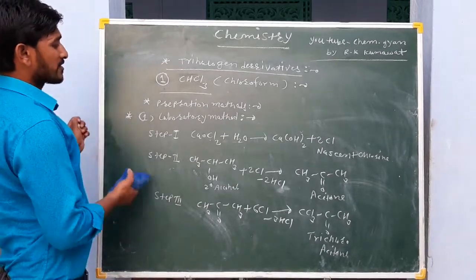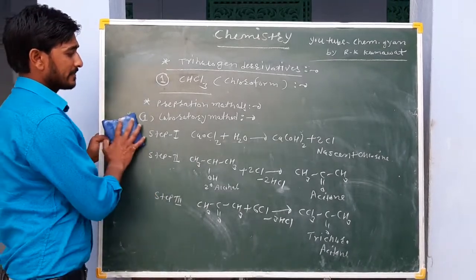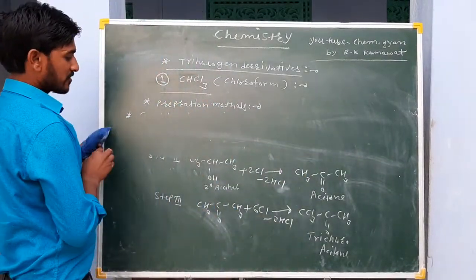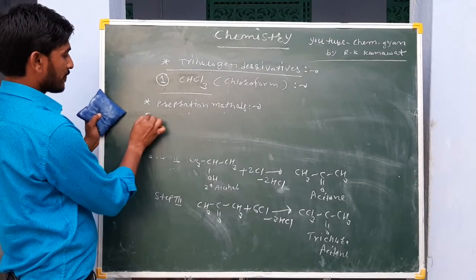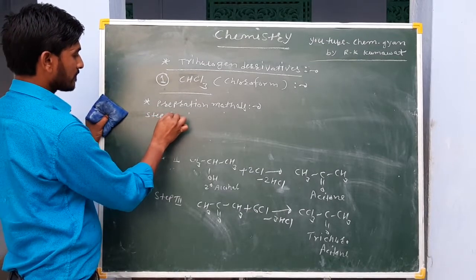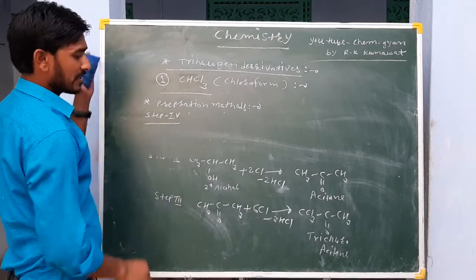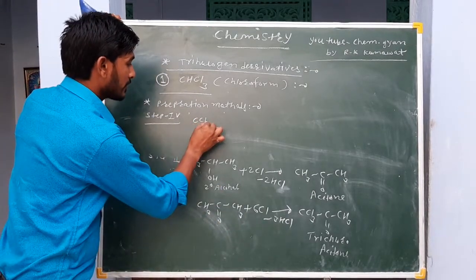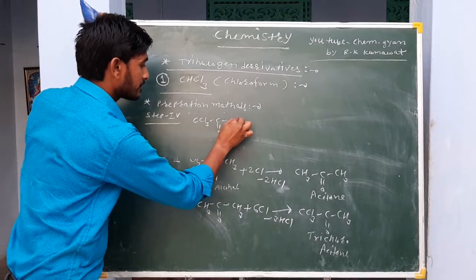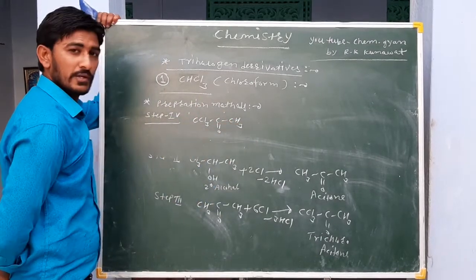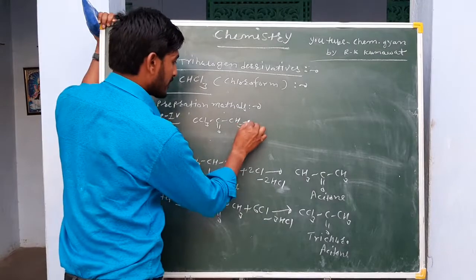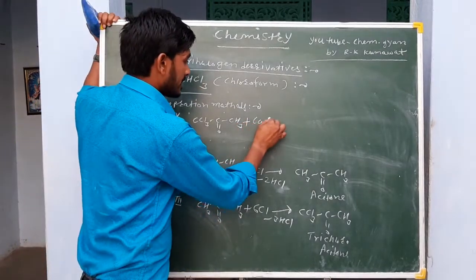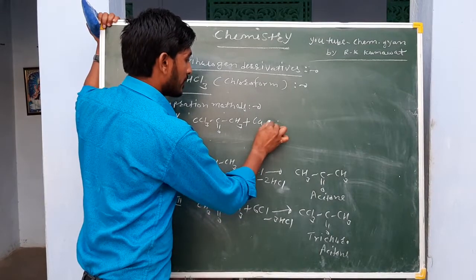Dear students, the last step of the laboratory method is step number 4. Trichloroacetone is used in this step and reacts with a calcium hydroxide molecule.